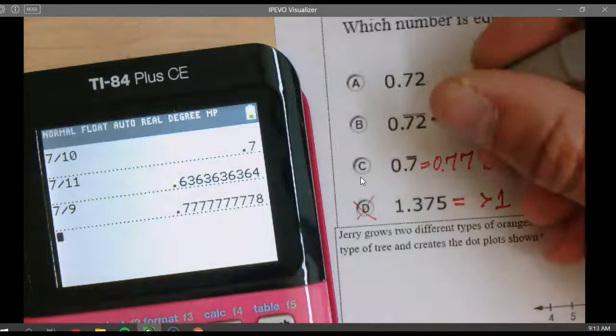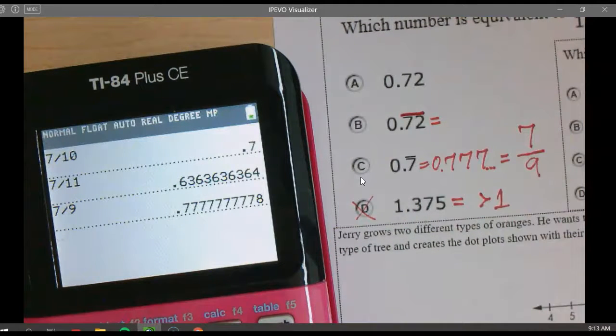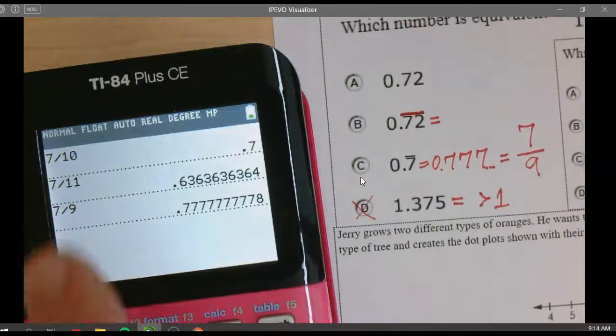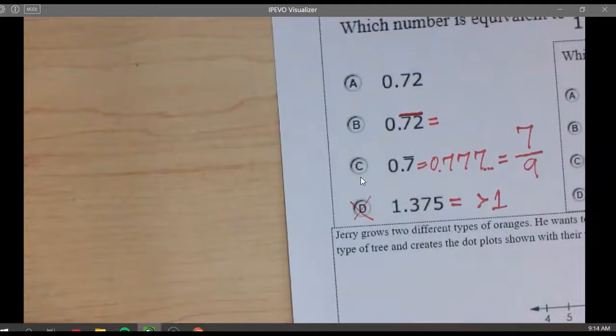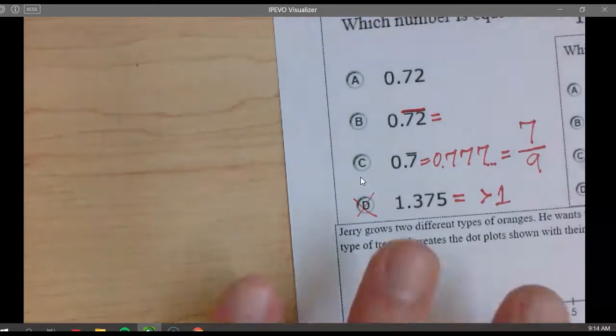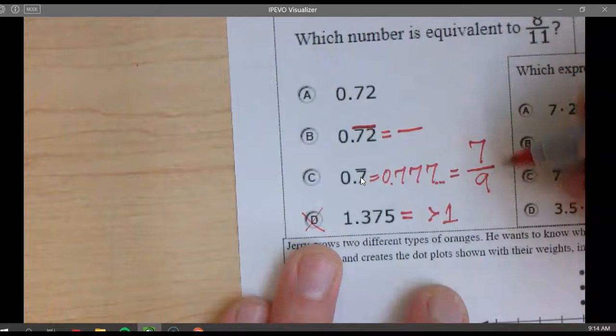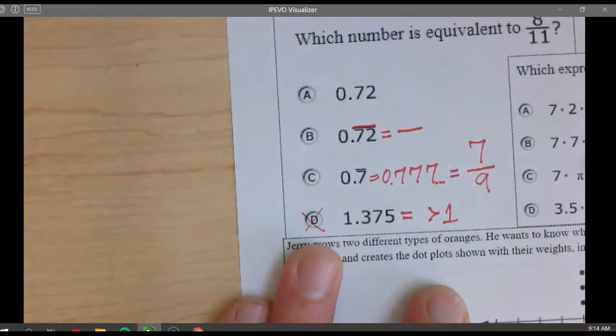So up here, if we wanted to make 72 repeat, we would put 72 over what? If we want to make 72 repeat, we said to make the 7 repeat, we put it over 9. Sorry, my mouse is in the way.